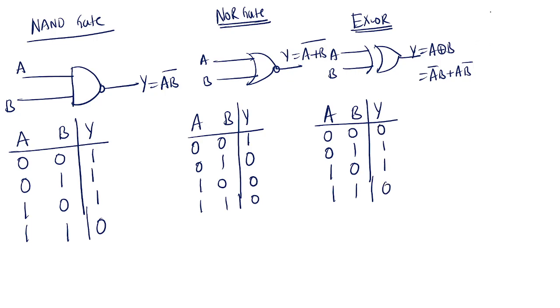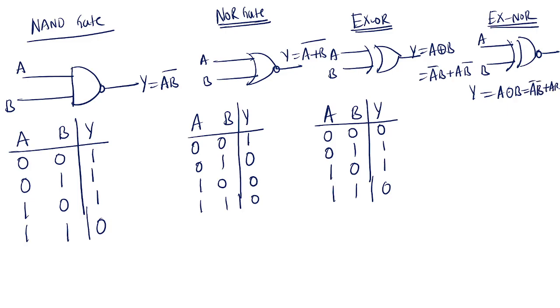And next, XNOR gate. This is the XOR gate followed by a bubble. A and B, Y equal to A XNOR B. The expression is A bar B bar plus AB, or you can write it as (A XOR B) whole bar.